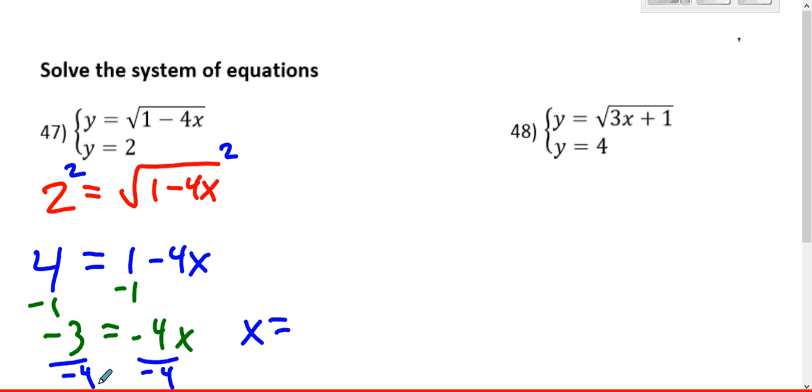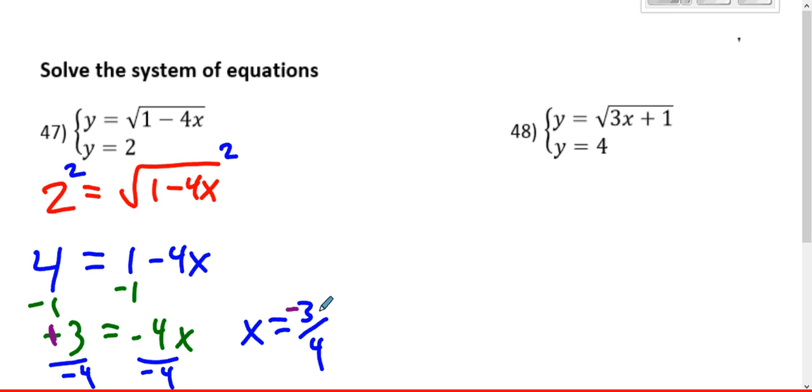So you get x equals negative over negative turns positive 3 over 4. But this is supposed to be a positive 3, so that's supposed to be a negative answer here. It's negative 3/4.